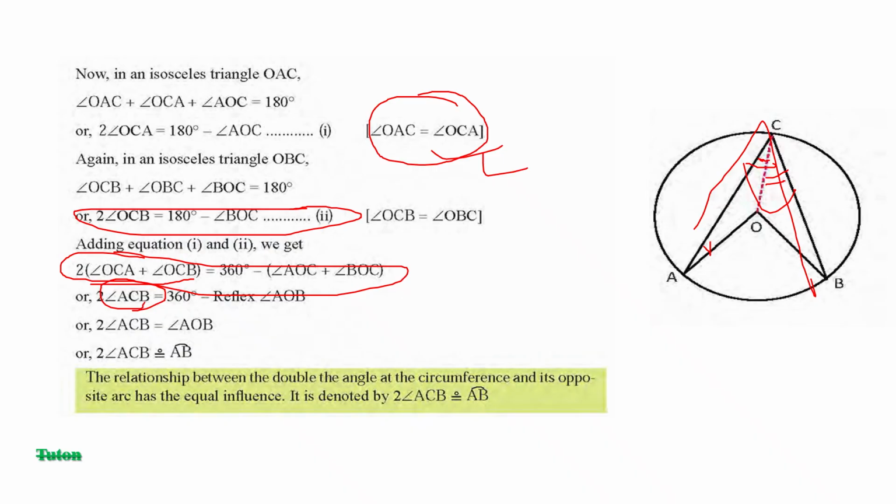Similarly, angle AOC would be this angle, and angle BOC would be this angle, and summing these two angles they are combinedly referred to as angle AOB, which is suggested by this step. So we can replace angle AOC plus angle BOC by angle AOB.